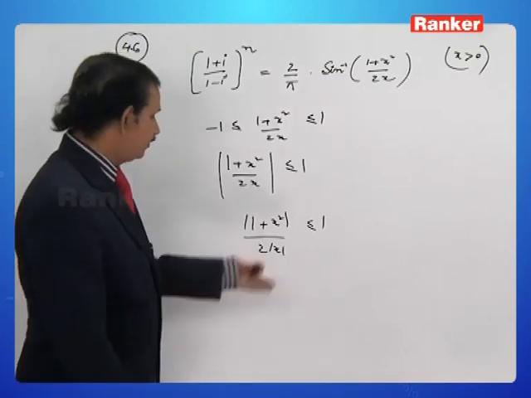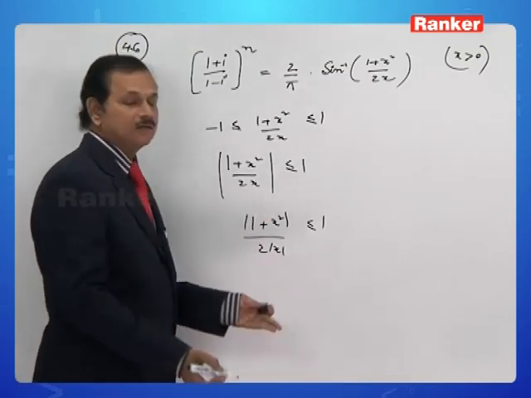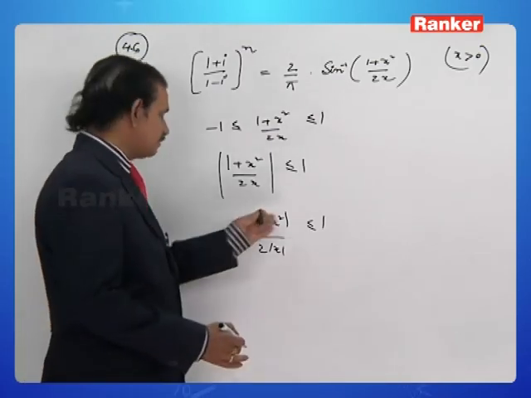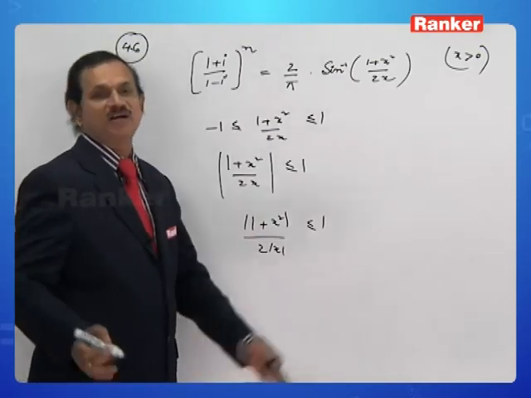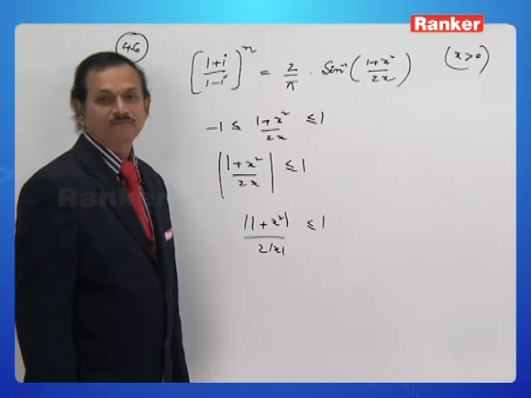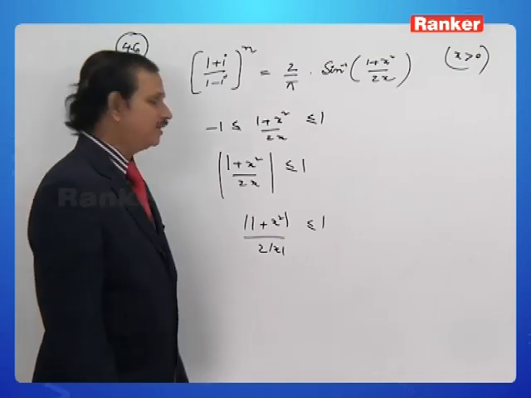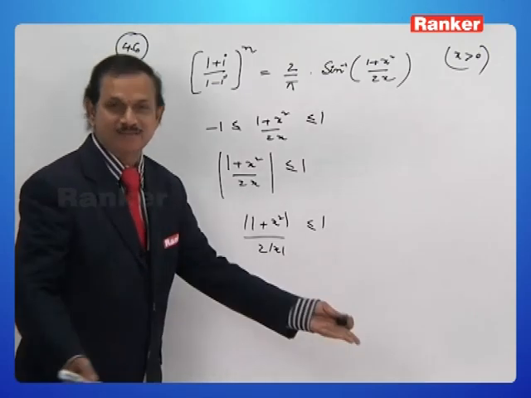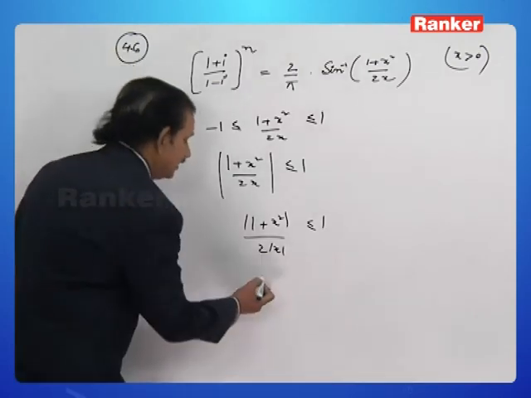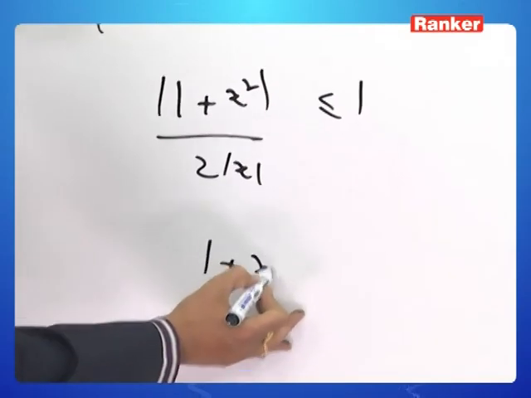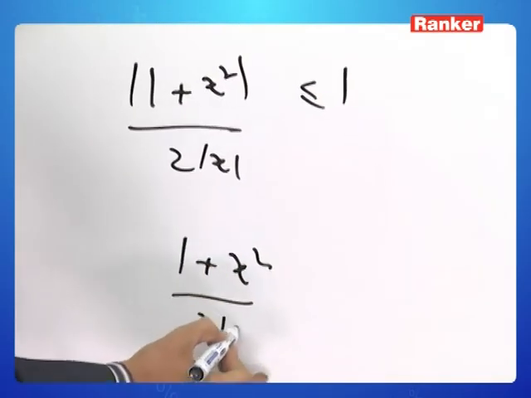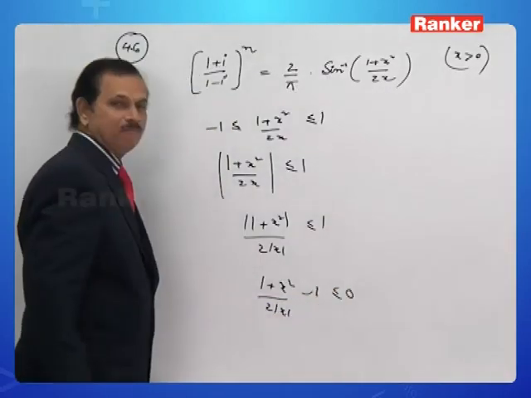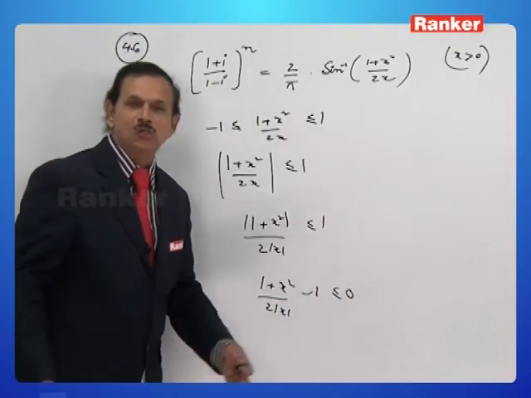And moreover, look at the numerator here: 1, a positive number, x square, a non-negative number. So 1 plus x square is surely a positive number. Hence, mod of 1 plus x square is just 1 plus x square. So (1 plus x square) by 2 mod x minus 1 less than or equal to 0. I have brought that 1 to this side, that's all.